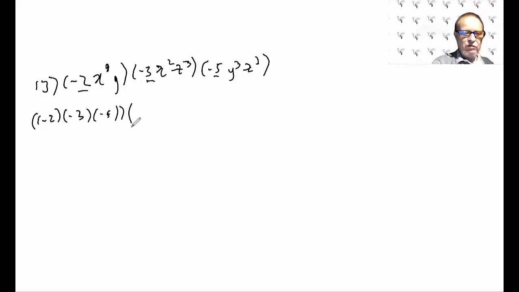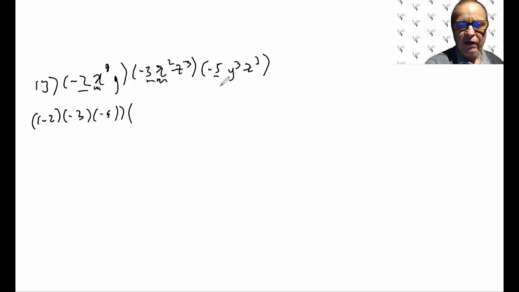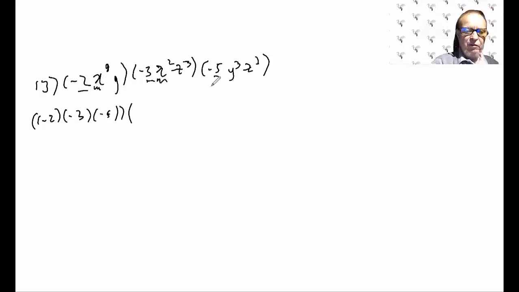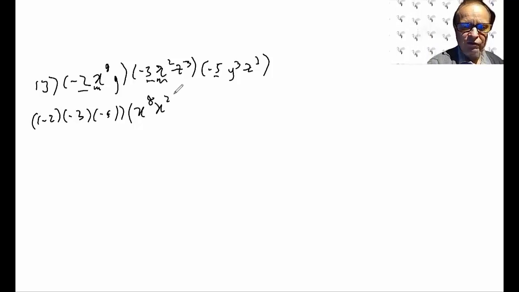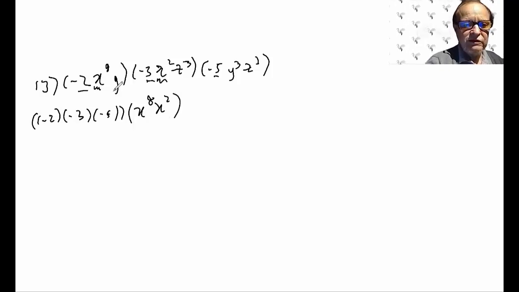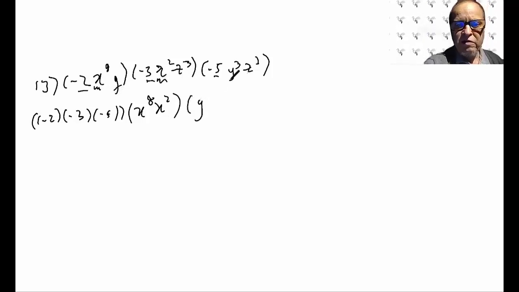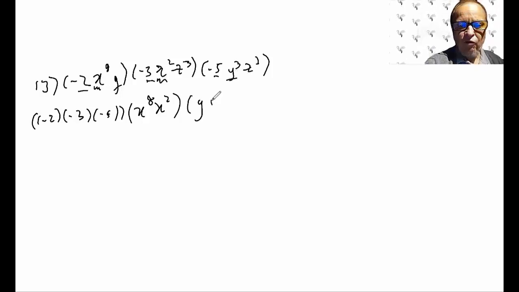And then I'm going to look at all my x's, and I'll put my x's in another bracket. X to the 8th, x squared. And then I will put my y's in still another bracket. 1 y here, no y's there, and a y cubed here. So I have y cubed.